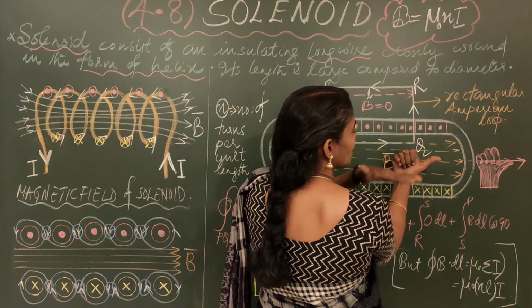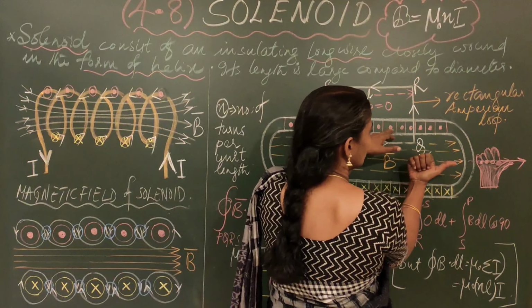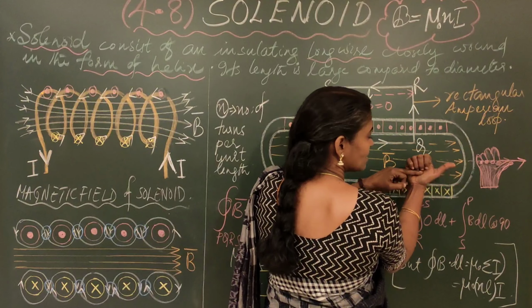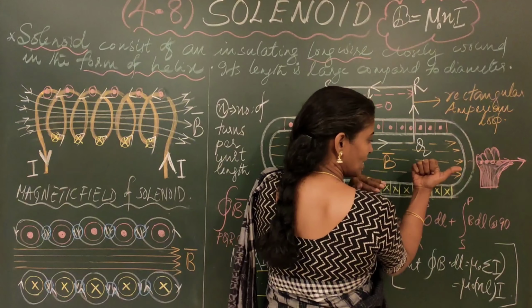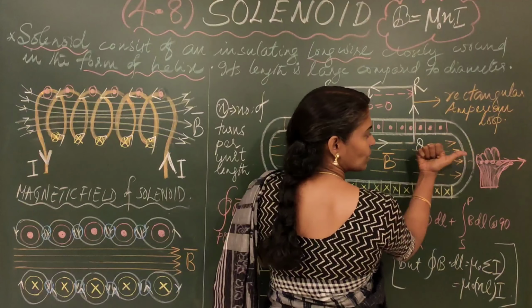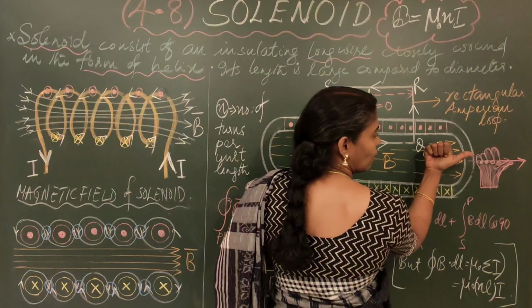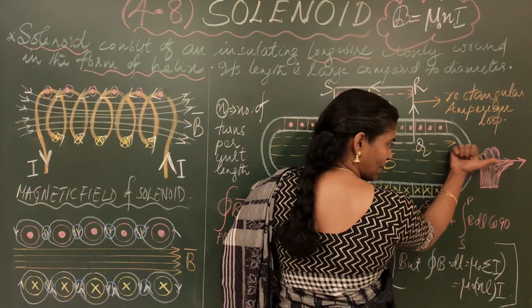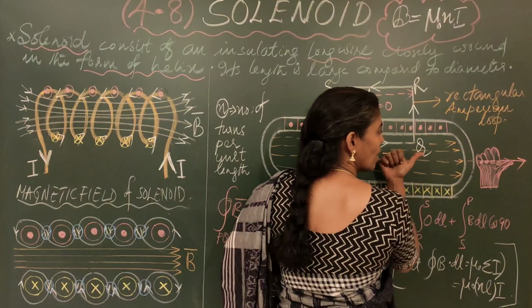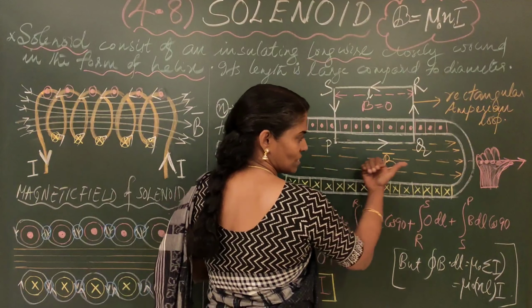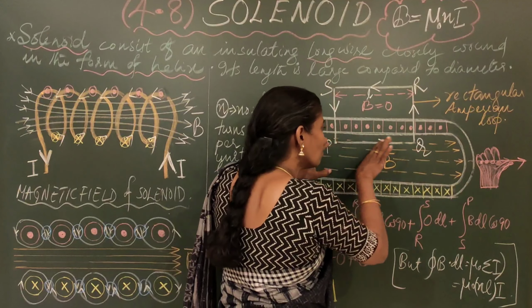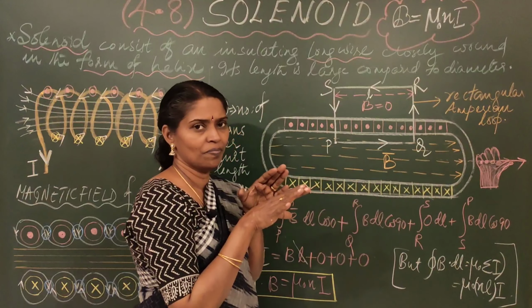Here current is coming out, dots. Here current is going well inside into the plane of the board. So what about the magnetic field? Along the thumb, it is towards right. Therefore, you have a magnetic field towards right, uniformly well inside the solenoid.